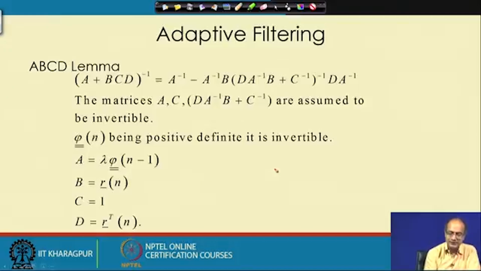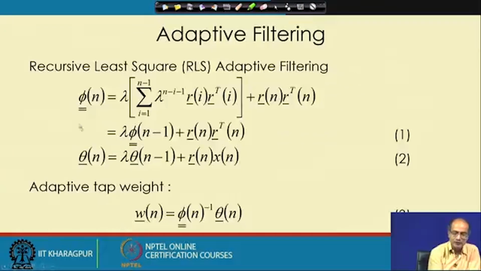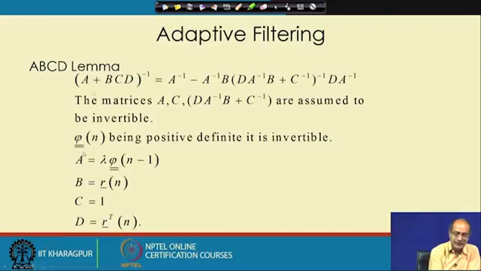To be more precise, we recall that we have an update equation for phi with the help of phi n minus 1 plus a new term. So for the inversion of phi n, we take A equal to lambda into phi n minus 1, and as we have computed the previous weight, we must have A inverse.